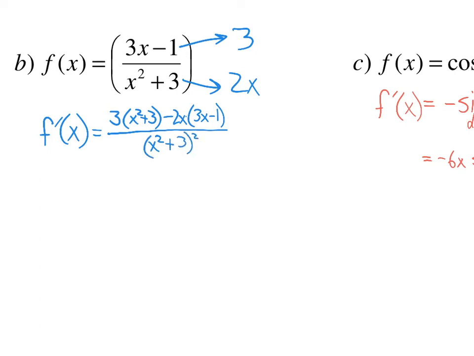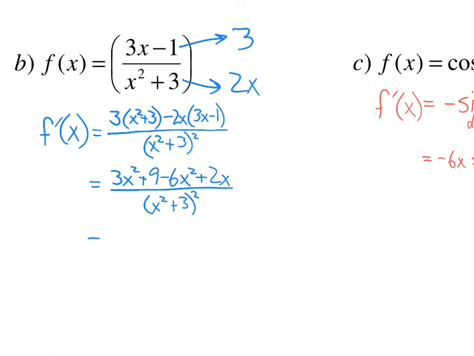Okay? So, simplify a little bit, see what we can come up with. 3x squared plus 9 minus 6x squared plus 2x. Do not FOIL the bottom. Leave it alone.